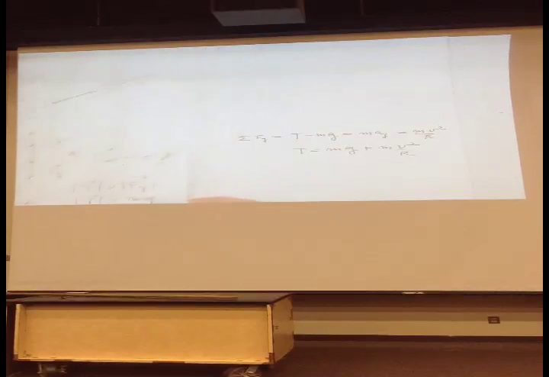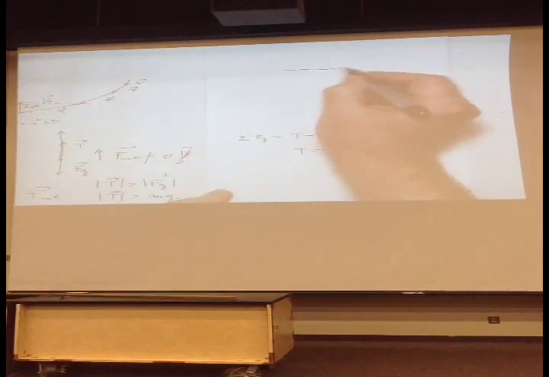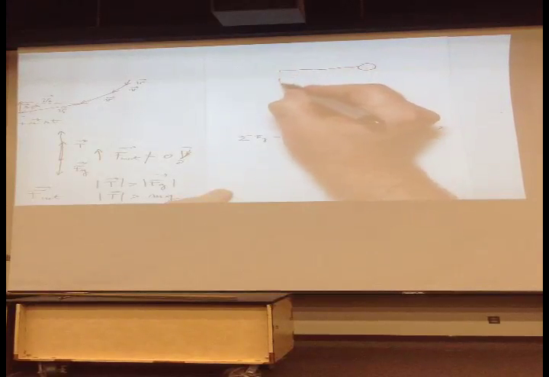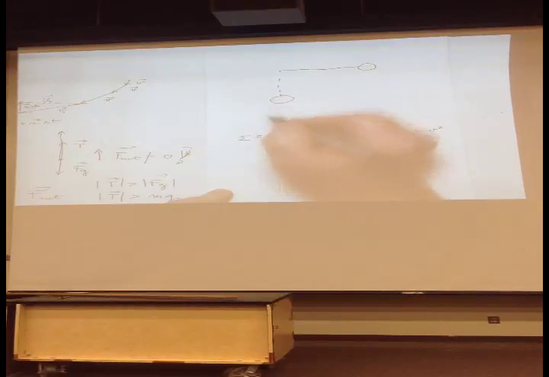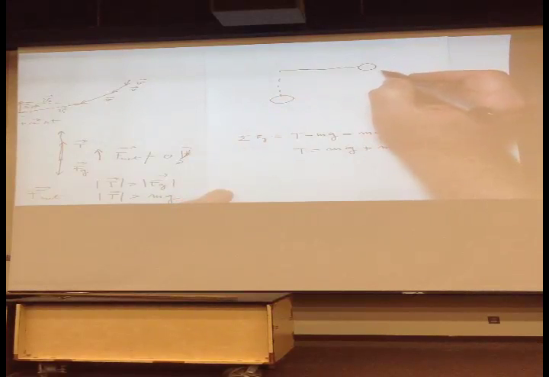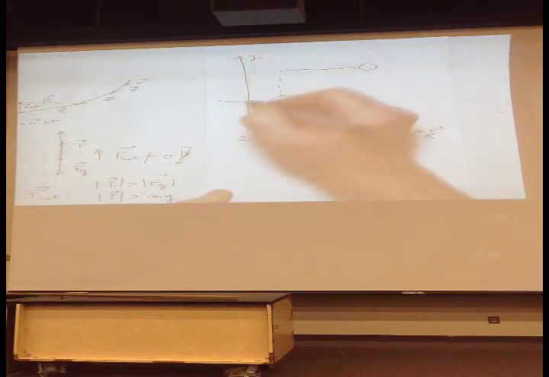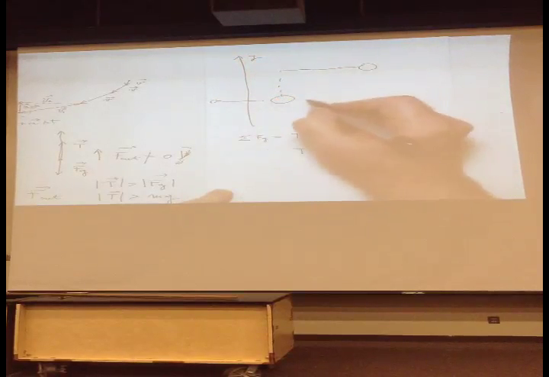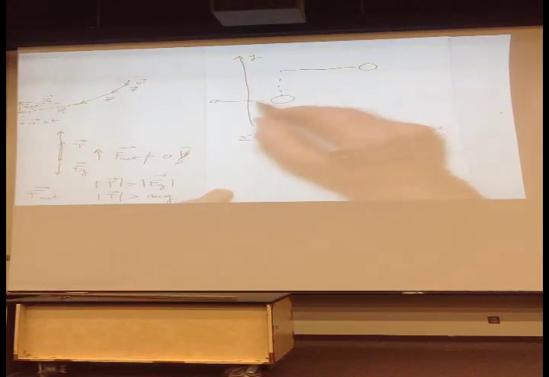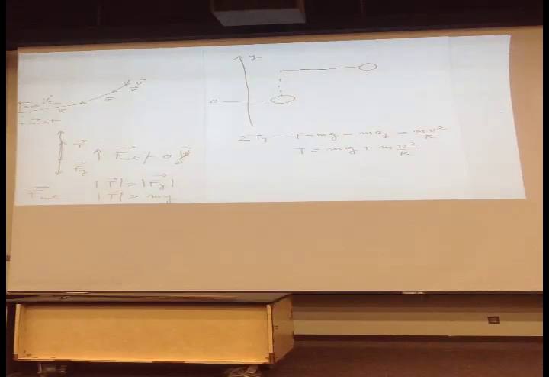So the idea is that when the mass is here, if I put my axis here, y is 0, what would be the potential energy at the bottom? If I put my 0 at that point, the bottom, this will be 0.